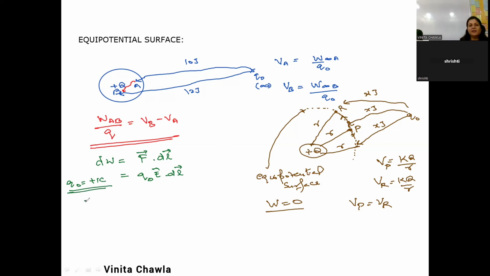So we can write work done as vector E dot vector dl, or E dl cos theta, because this is the dot product.